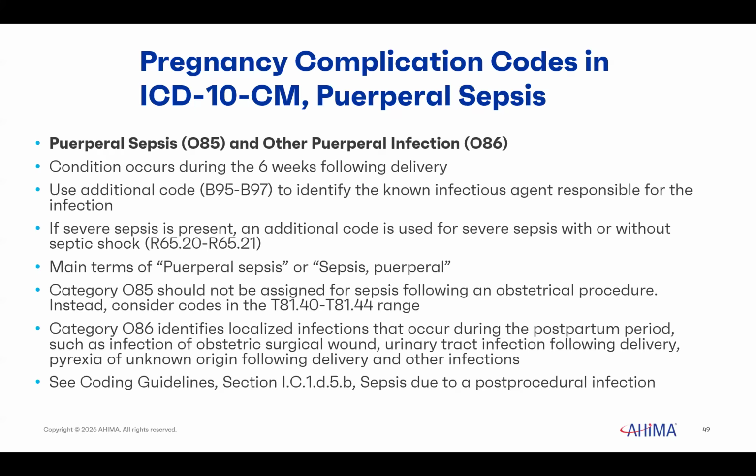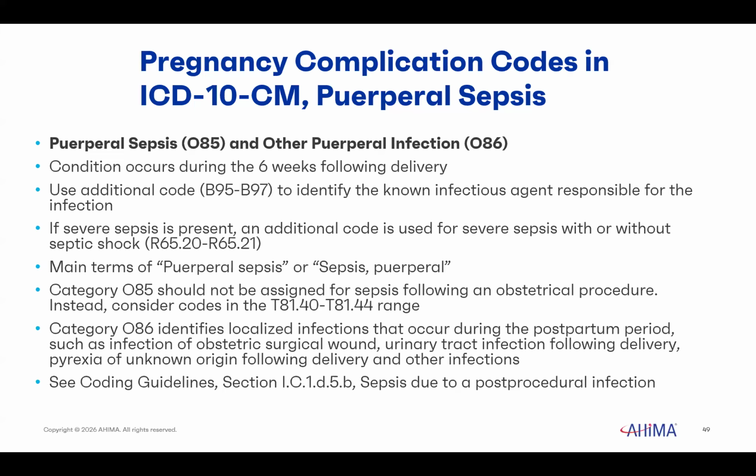And the same types of sepsis rules we saw earlier would apply here. If severe sepsis is present, an additional code would be from R65.20 or R65.21. The main term would be puerperal sepsis or sepsis, puerperal.